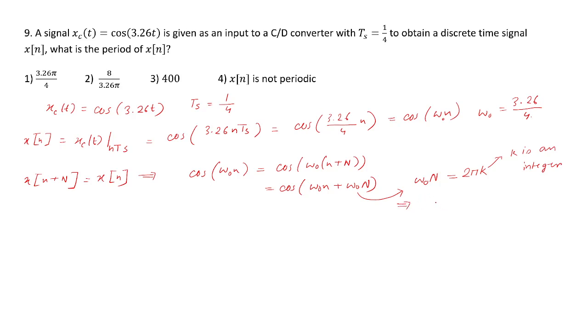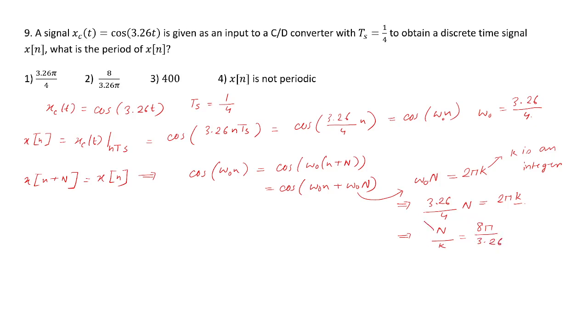Therefore, we put the value of omega naught, that is 3.26 by 4, and N is equal to 2 pi k over omega naught. Now N by k is equal to 8 pi by 3.26.